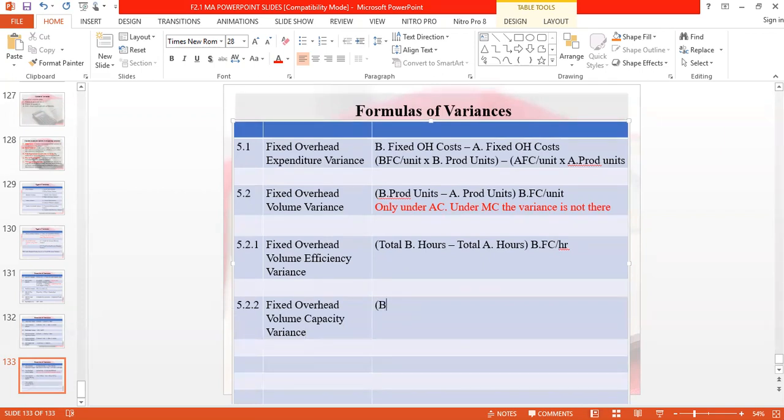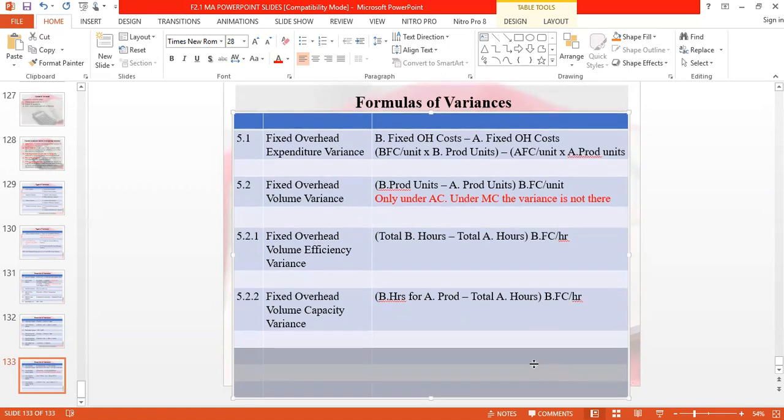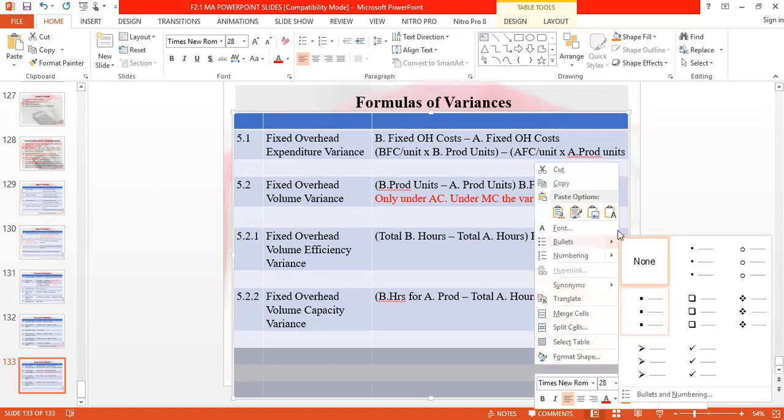So the formula is budgeted hours for actual production minus total actual hours. Of course, you multiply by the budgeted fixed cost per hour.